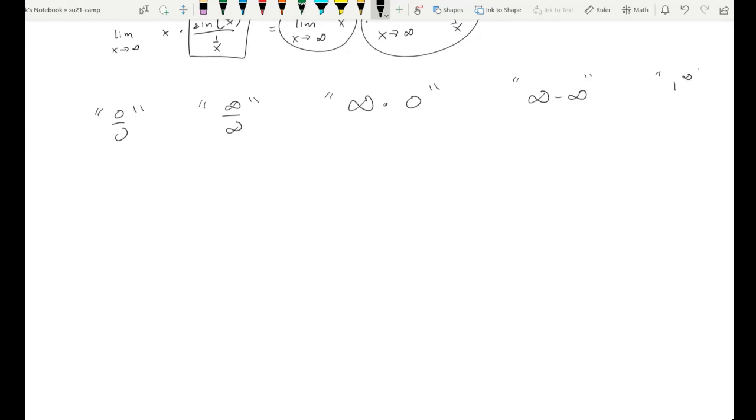Also, 1 to the power infinity. An interesting example of that, because we're looking at our superstar function and number, I guess. If you take the limit as x goes to infinity of 1 plus 1 over x to the power x. Evaluating this directly as x goes to infinity, 1 over x will go to 0. And so then 1 plus 1 over x is equal to 1, and the exponent is x, so that goes to infinity.